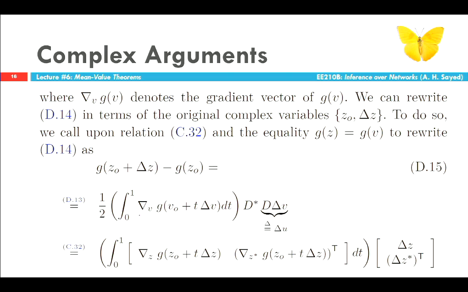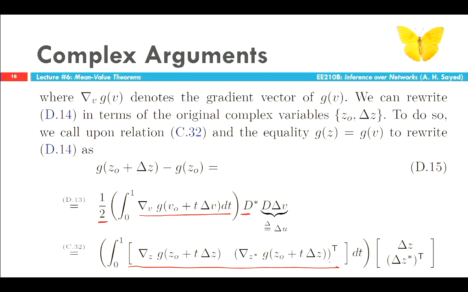Okay, so this gradient relative to v, here it is, times d star times 1/2. I showed you that it is the gradient relative to z, the gradient relative to z star. Remember? This is what we showed when we studied convex functions in the complex domain. We showed that d star times 1/2 times this gradient is this. And delta u is delta z star transpose. Now compute the inner product again. You see?